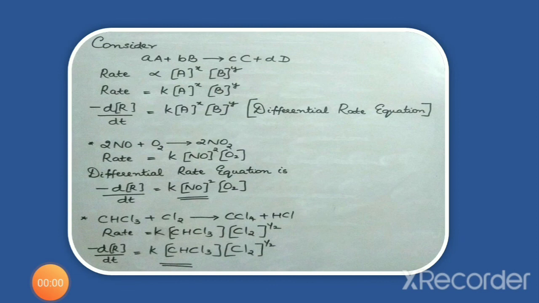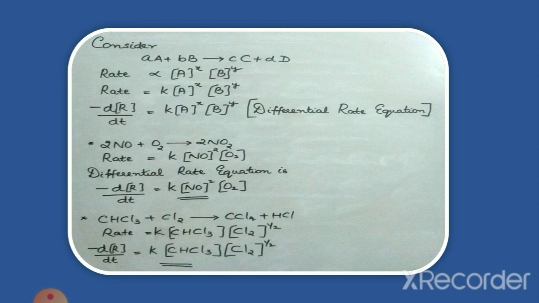In the first example, we find that the powers of the concentration of both the reactants are the same as their stoichiometric coefficients in the balanced chemical equation. Whereas in the second example, the power of the concentration of chlorine is half in the rate law expression, whereas its stoichiometric coefficient is 1 in the balanced chemical equation.